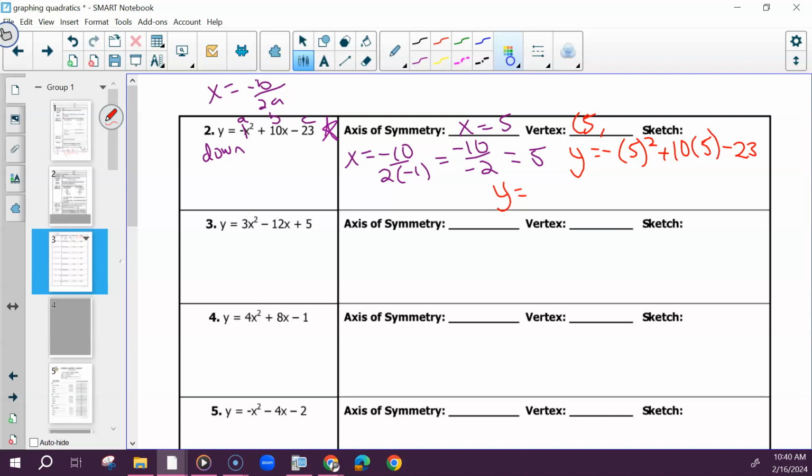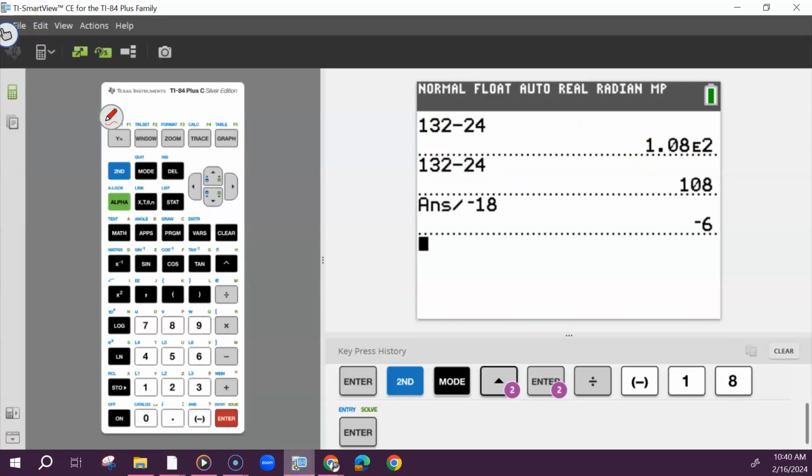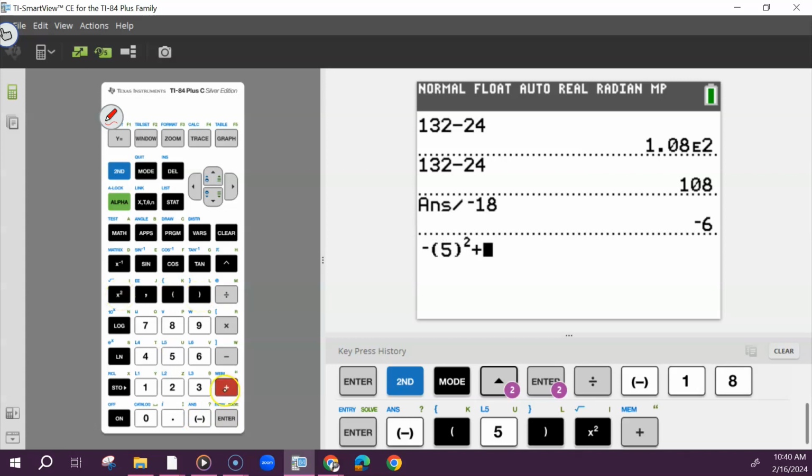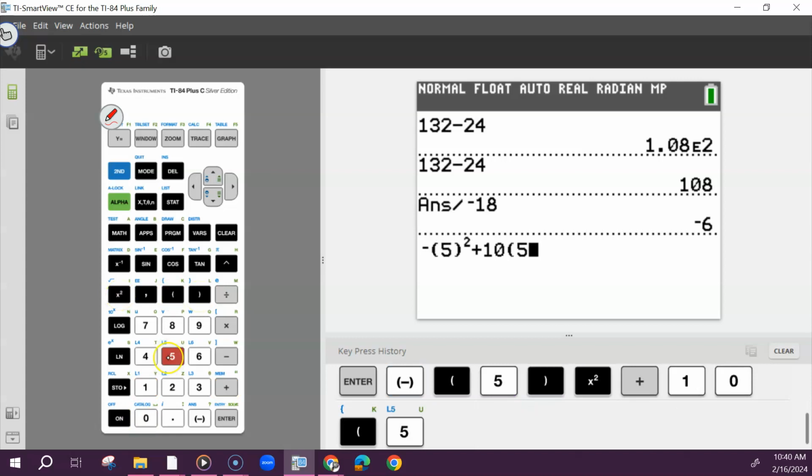Anyone need to see that one in the calculator? Yes. Okay. So I would type it in using the negative, and then parentheses, 5 parentheses square outside of that, plus 10 times 5 in parentheses, minus 23.